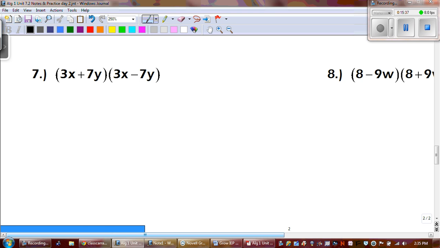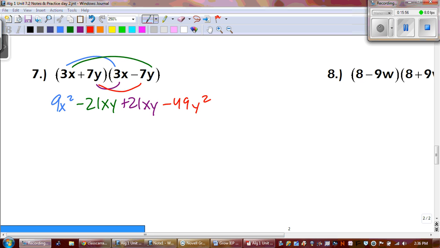All right, number 7. Why don't you guys try number 7 all on your own? Pick whichever method you like to do best, okay? Pause the video and good luck. Okay, remember, just because there are two variables involved in that doesn't mean you should freak out, okay? 3x times negative 7y would be negative 21xy.